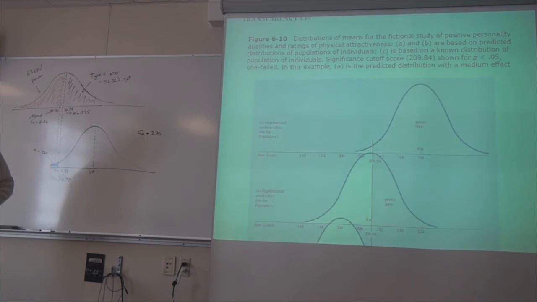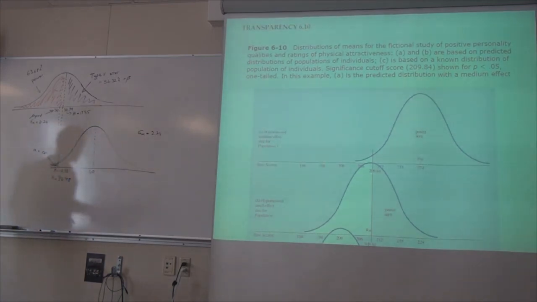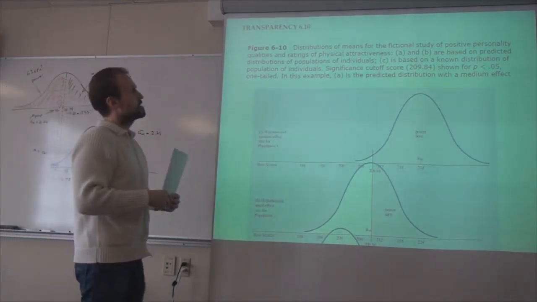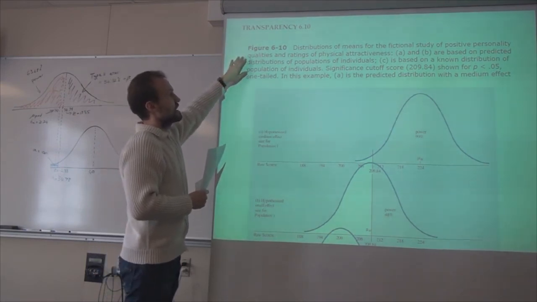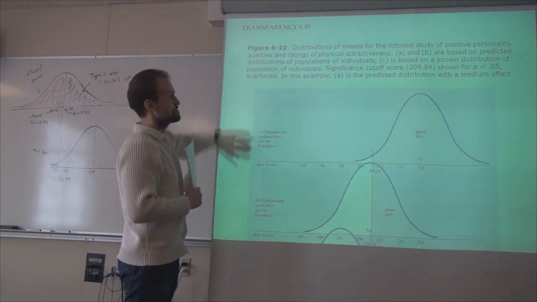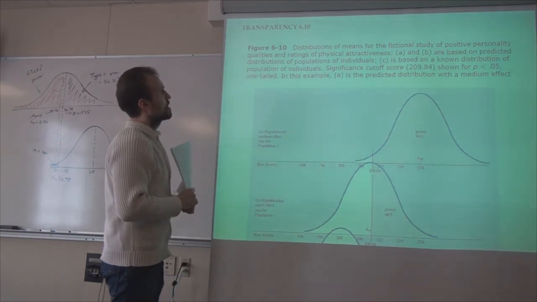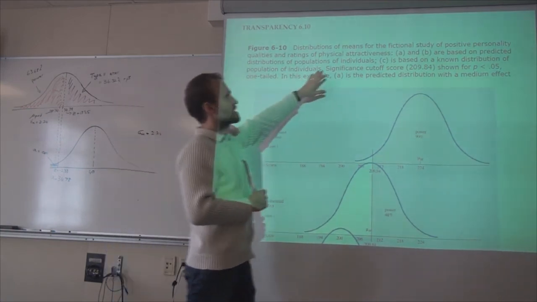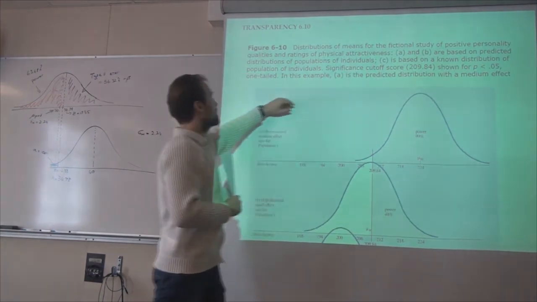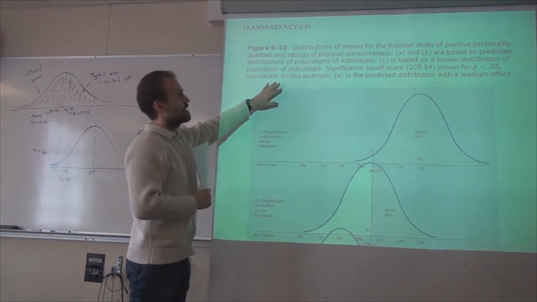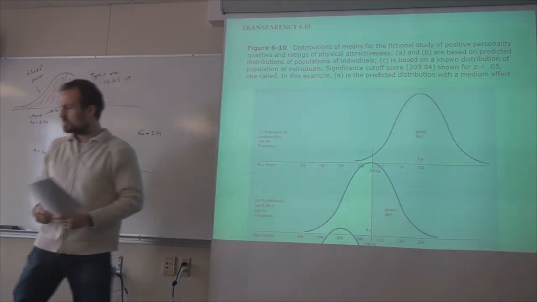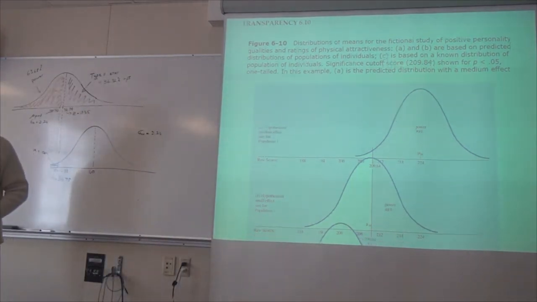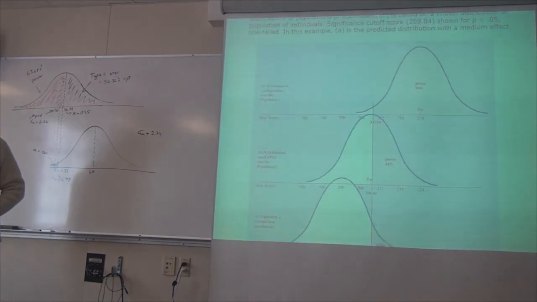So if I look at this, for example, the distribution of means, the personality, and the attractiveness example again. No distribution, significance cutoff for 5% alpha. In this example, A is the predicted distribution with a median effect size.